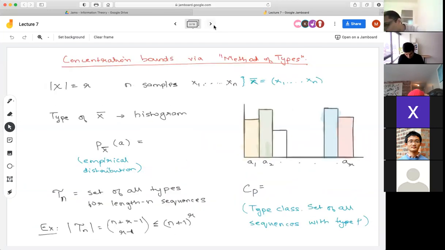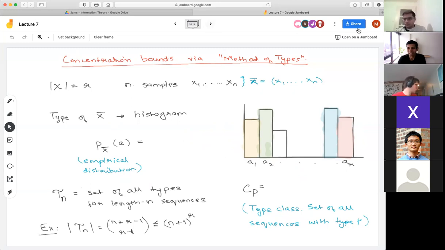Okay, now let's move on to the applications to statistics, and we'll be back to discrete distributions or finite size universes for the rest of this lecture. In particular, what I want to talk about today is something called method of types, which is just counting.